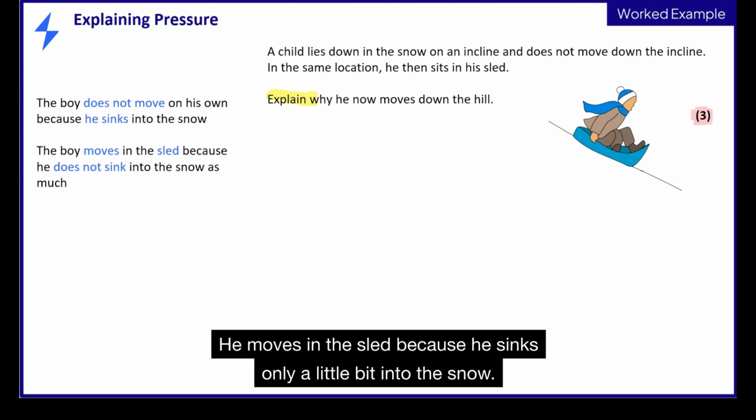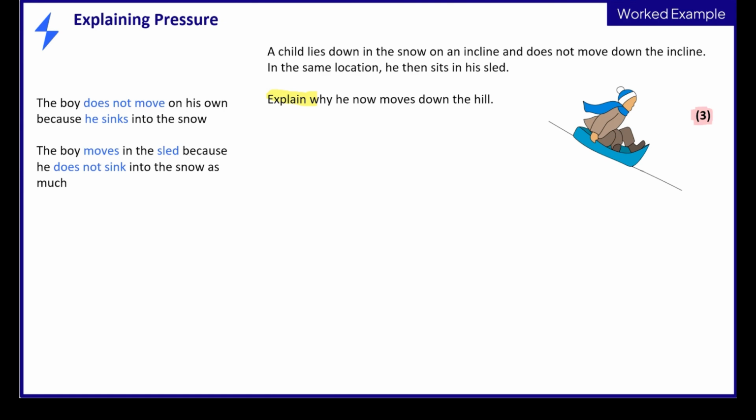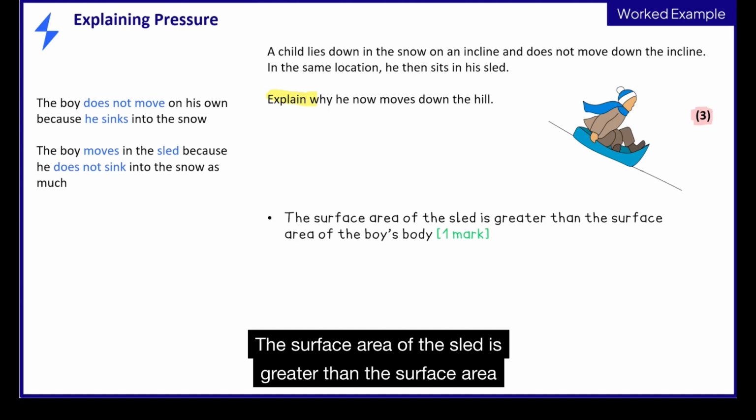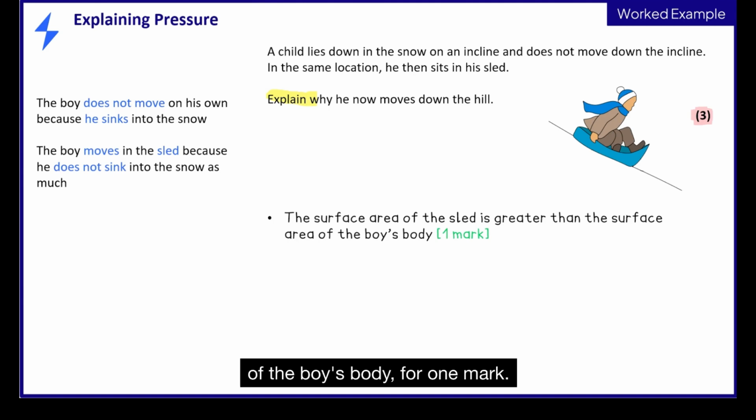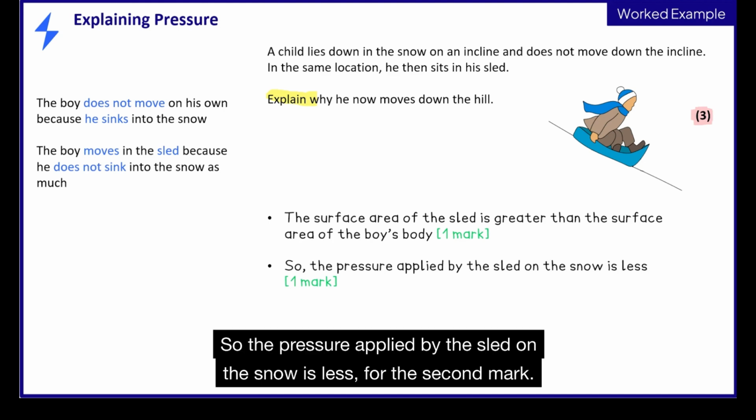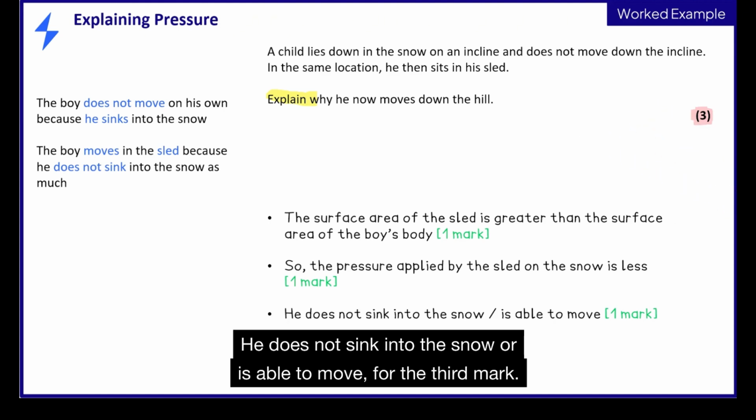He moves in the sled because he sinks only a little bit into the snow. The surface area of the sled is greater than the surface area of the boy's body for 1 mark. So the pressure applied by the sled on the snow is less for the 2nd mark. He does not sink into the snow or is able to move for the 3rd mark.